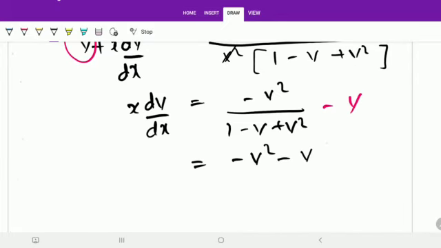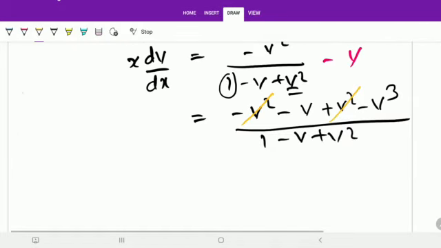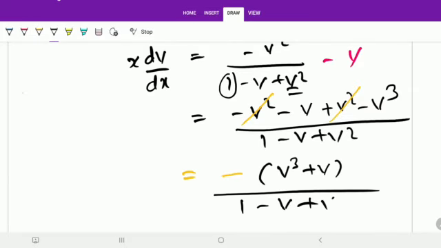This will be minus v into 1 is minus v, minus minus we get plus v square, and we get minus v cube here upon 1 minus v plus v square. If you observe, we can very easily cancel minus v square with plus v square. So we have minus, if I take common, minus I am taking common from the numerator. So this will be v cube plus v upon 1 minus v plus v square. Integration here will be very interesting.